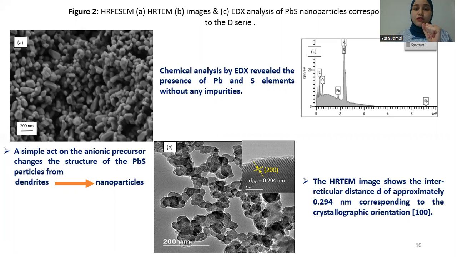Here, as we can see, the chemical analysis by EDX revealed the presence of Pb and S elements without any impurities. And here the high-resolution TEM image for quasi-spherical nanoparticles shows an interreticular distance d of approximately 0.294 nanometer, corresponding to the crystallographic orientation 100.